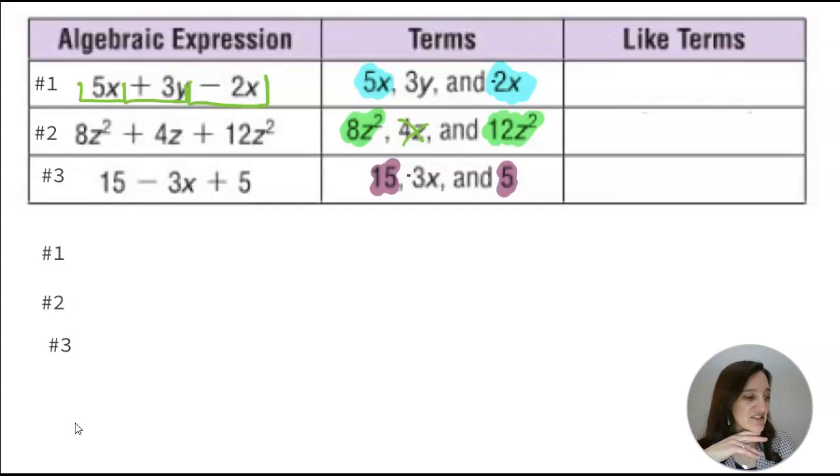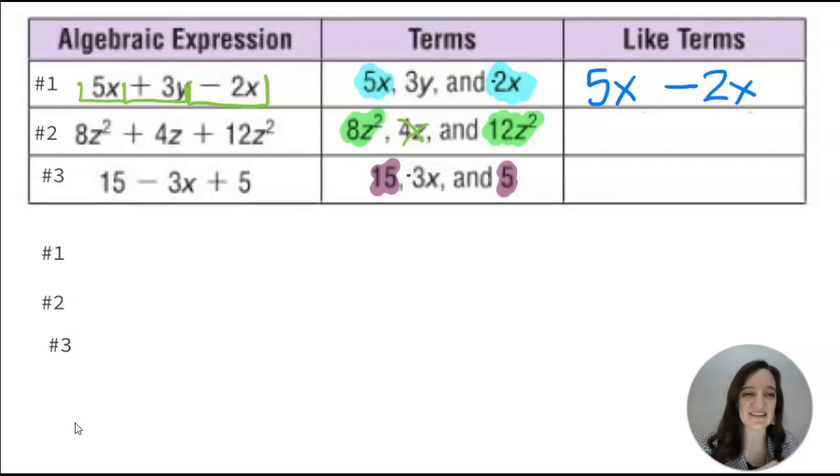So now what we get to do is combine those like terms. So we have a 5x and a negative 2x. Kind of like a minus 2x, isn't it? We've talked about that negative 2x is really a minus 2x. A minus 2x is really a negative 2x. They're basically the same thing.